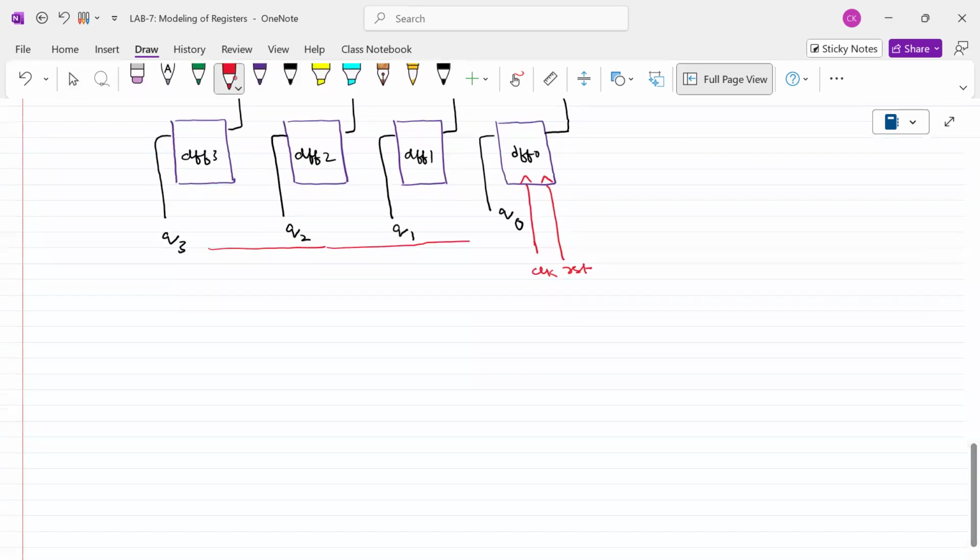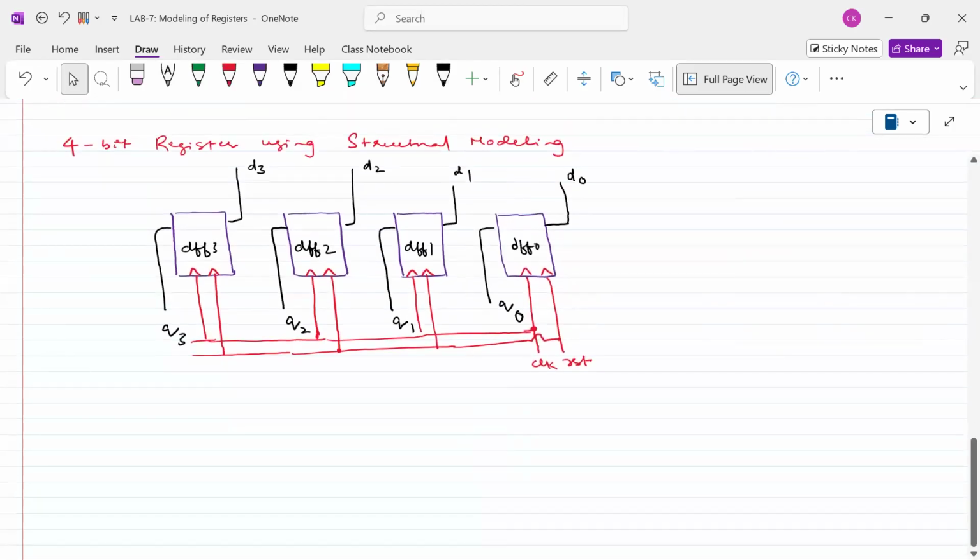Therefore it also requires clock and reset. Something like this.